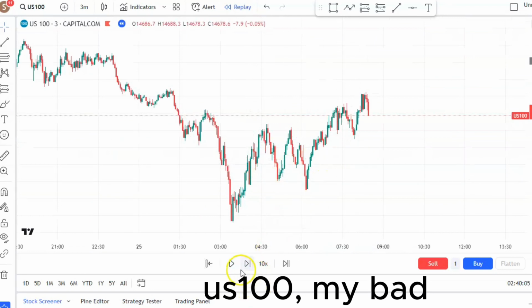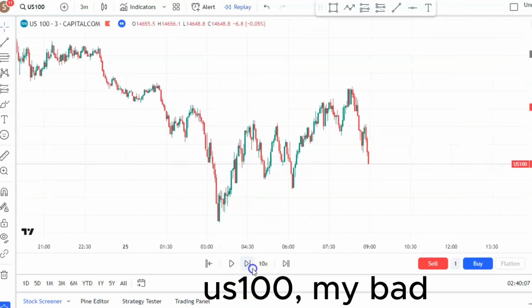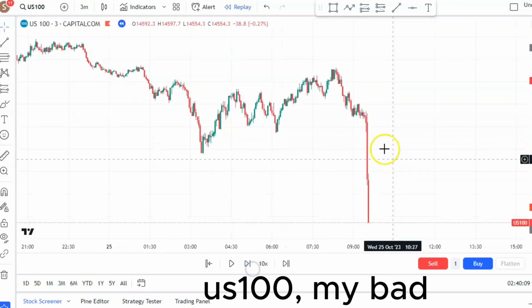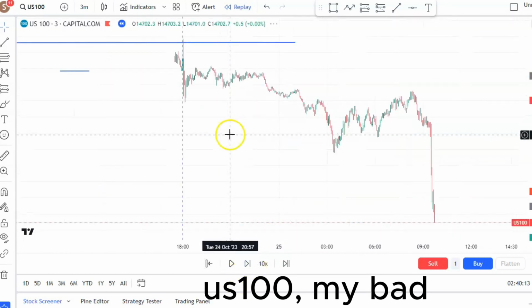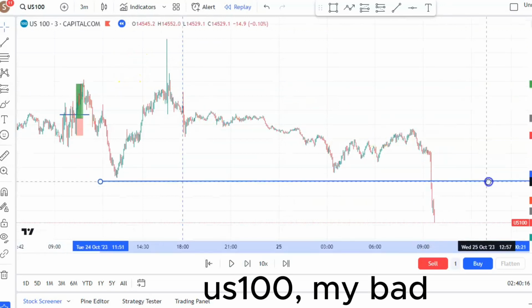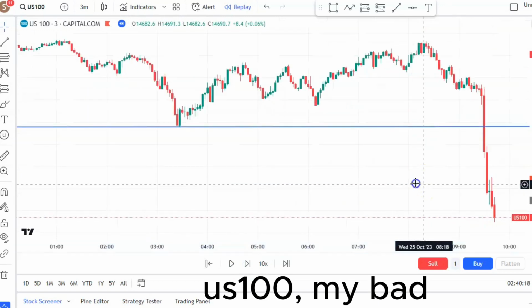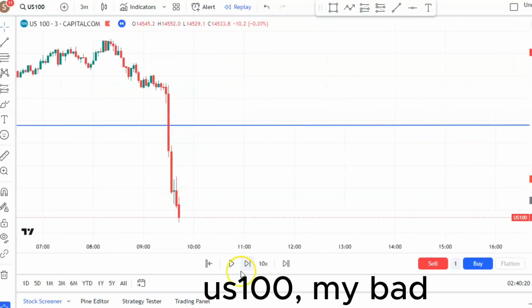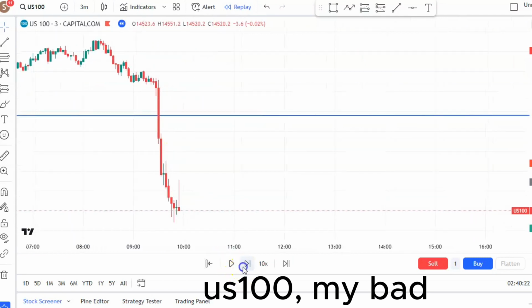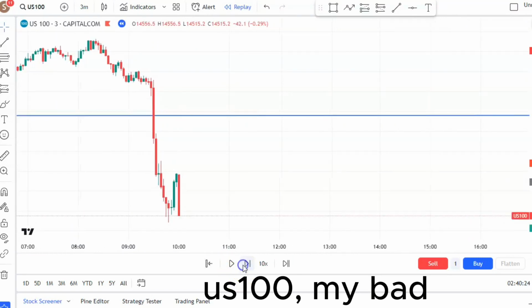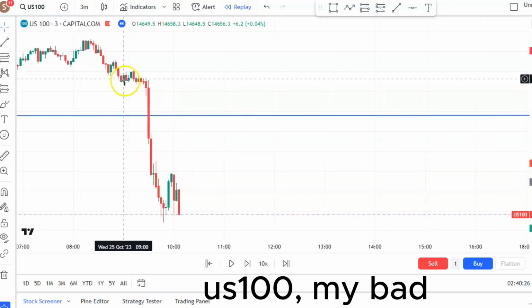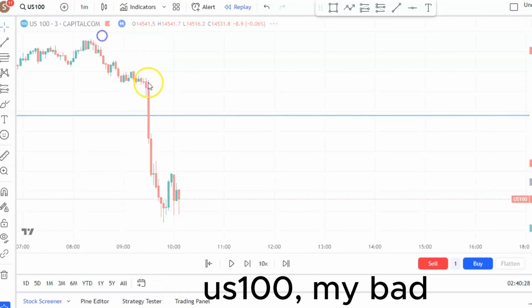We have this nice uptrend, but of course we wait for our 9:30 to open. Price breaks down, okay? And now what I want to see is 3 pushes. We have 1 push there, 2 push, and then this is the 3rd push.